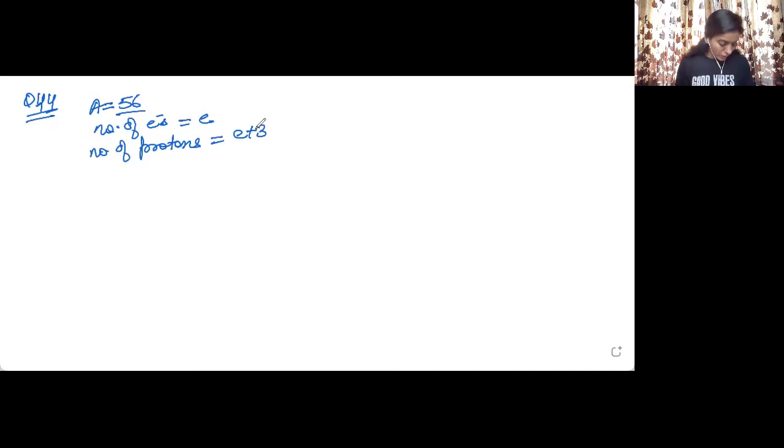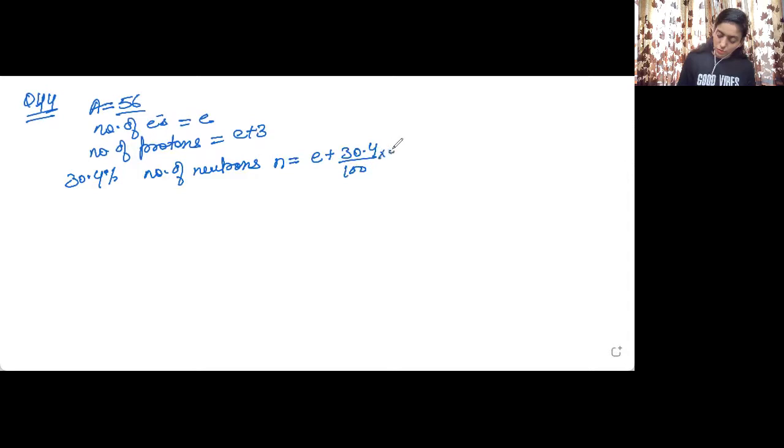Okay. Now we have been given that the number of neutrons is 30.4% more than the number of electrons. So the number of neutrons will be equal to E plus 30.4 upon 100 into E, which is E plus 0.304E. So this is the total number of neutrons.